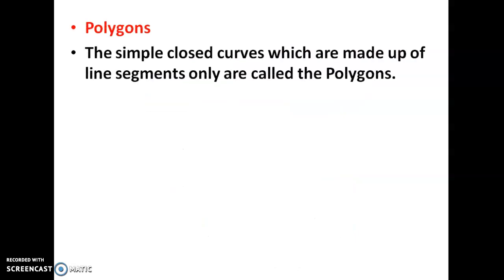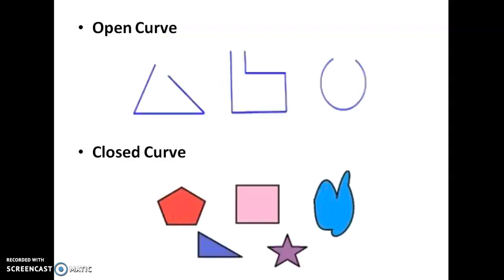Polygons. The simple closed curves which are made up of line segments only are called polygons. In the previous figure also you can see one curve like this. These are polygons, but this is not a polygon. Why? Because it is not made of straight lines.